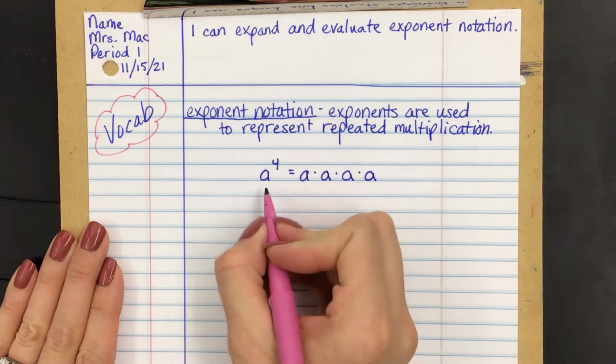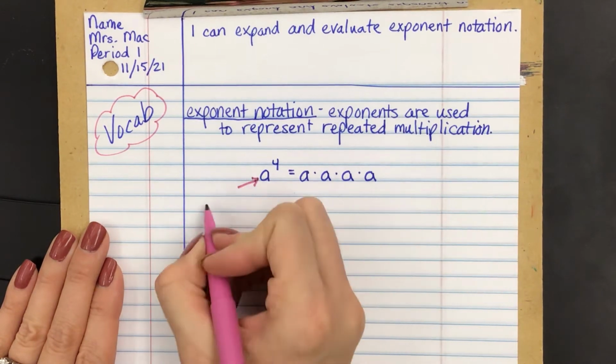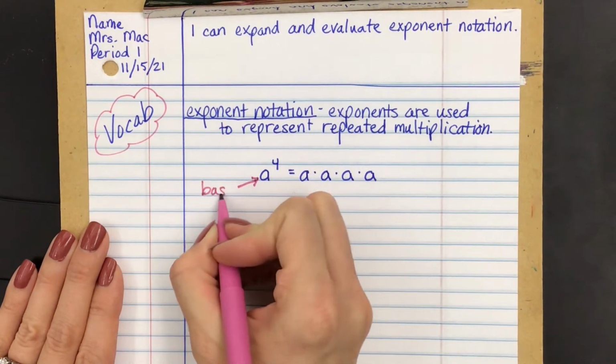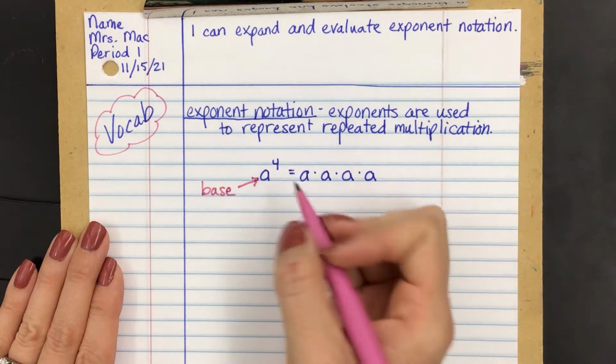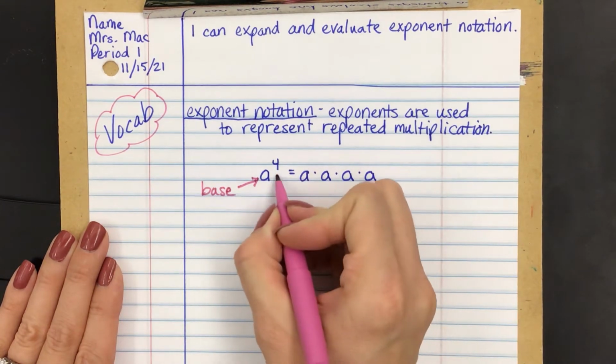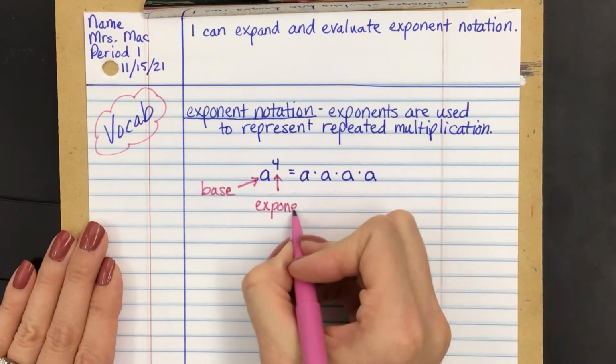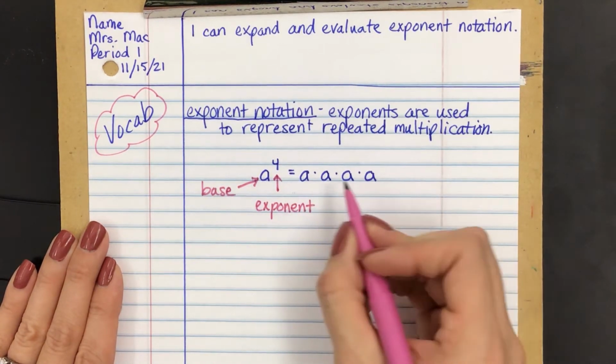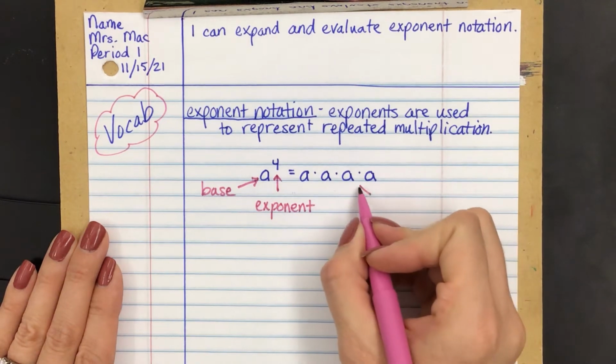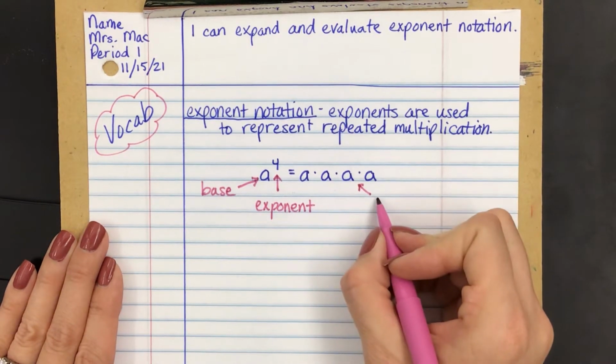So here, a is our base, and the 4 is our exponent. And this over here, we call this expanded form.